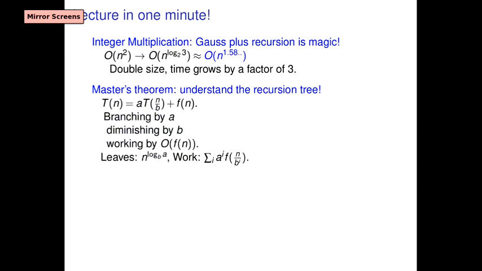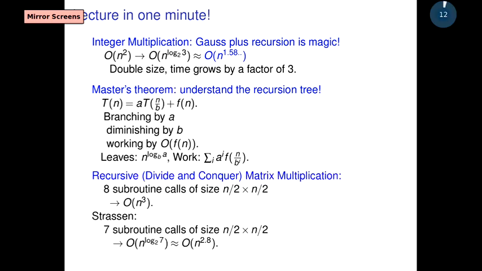The first a means you have that many subproblems. The b inside the parentheses is saying each problem is dividing by some amount, getting smaller. And f of n is the work you do to put it back together. This is all stuff you've done in recursion. So we're going to tell you how to solve these recurrences.